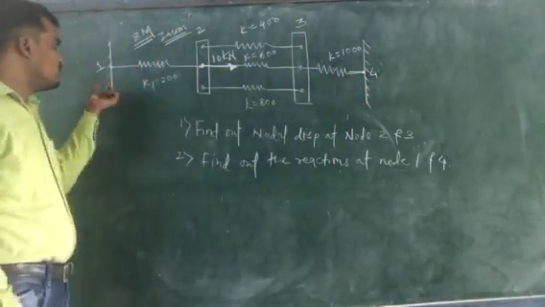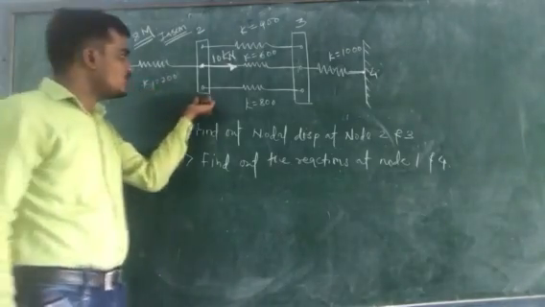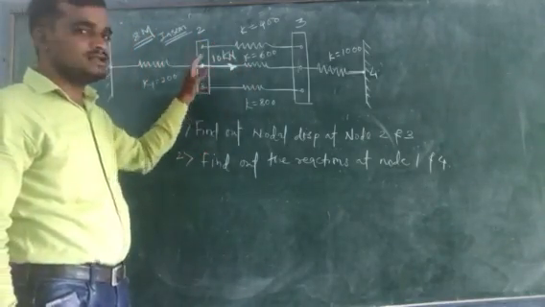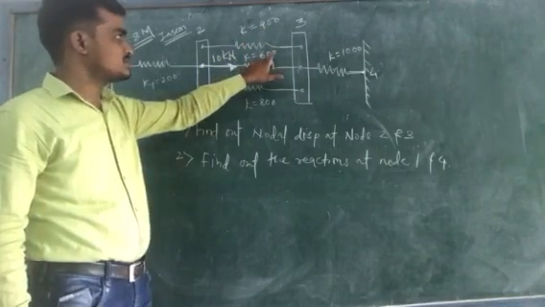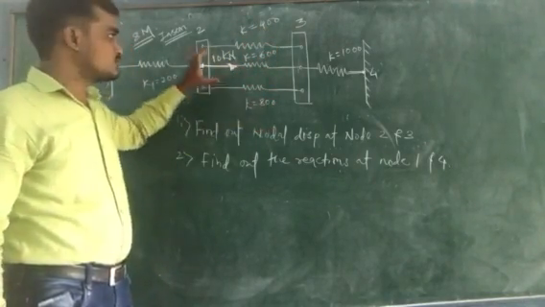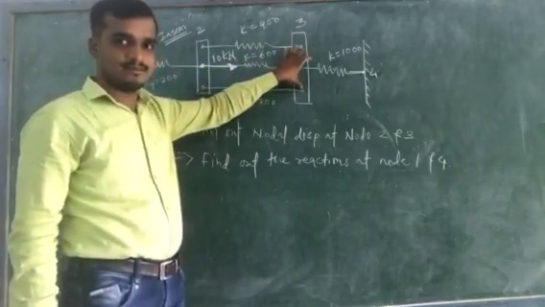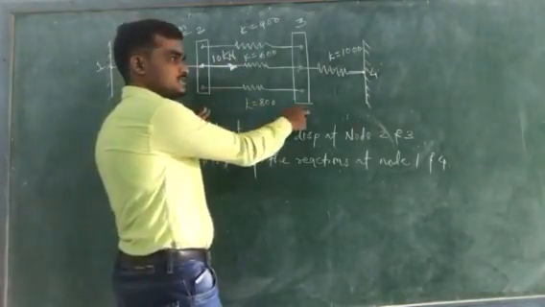Between node 1 and node 2 there is one spring. Between node 2 and node 3 there are 3 springs connected in parallel. The first one is of value 400, the second one is 600, the third one is 800. So first simplify this one, meaning convert this parallel system into a series system.